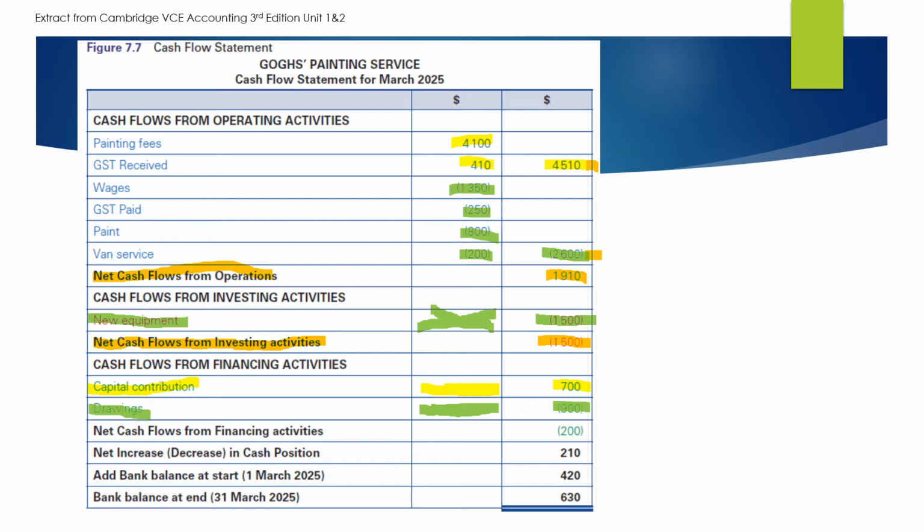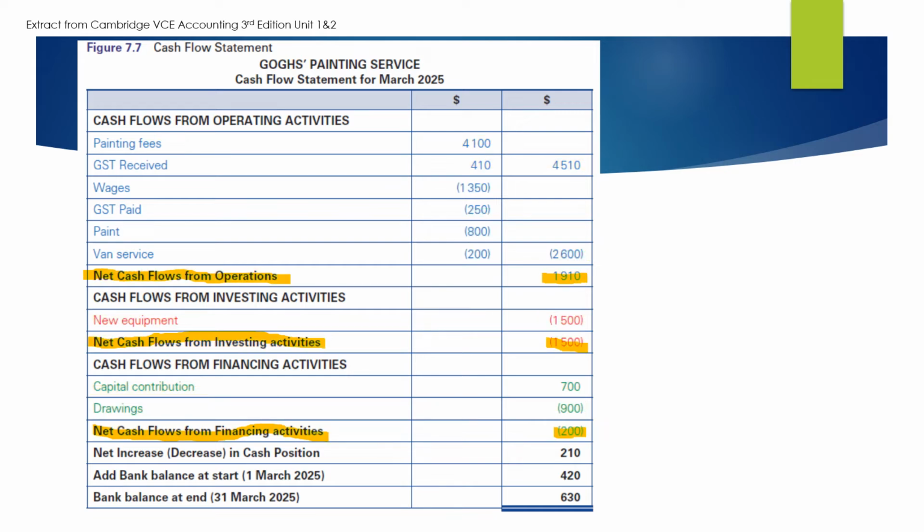Then what we need to do is to take the cash inflow minus the cash outflow to give us a net cash flow from financing activities totaling to $200. Here, because we have more cash outflows than cash inflows for financing activities, this is why we have a cash deficit of $200 written in brackets to show a net cash outflow.